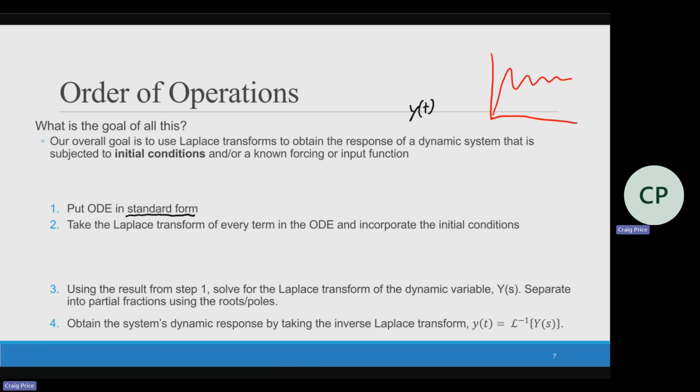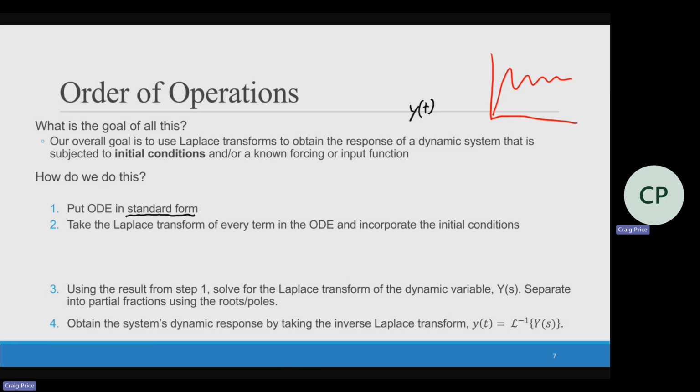So our goal is first to always put the differential equation in standard form. That's on the equation sheet. We covered that last time. For a second order, we're trying to get y double dot all by itself.